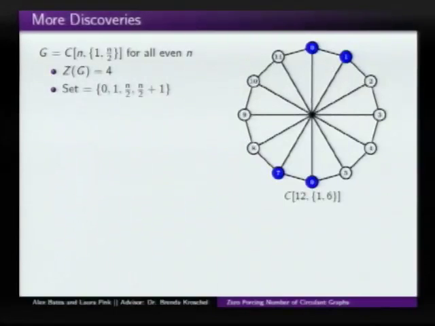So starting with 4 blue vertices, 2 adjacent, and then across from each other, we find that it forces around the graph at each time step. And we see that the propagation time is, again, the number of white vertices that you start with over the number of vertices that are forced at each time step, rounded up.